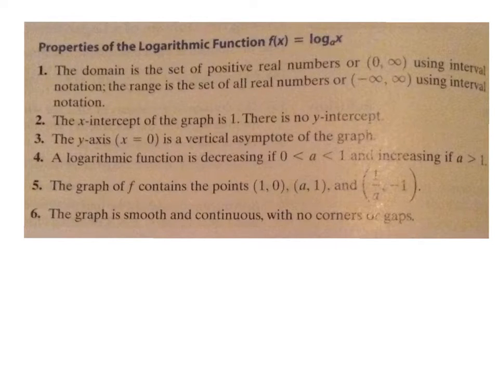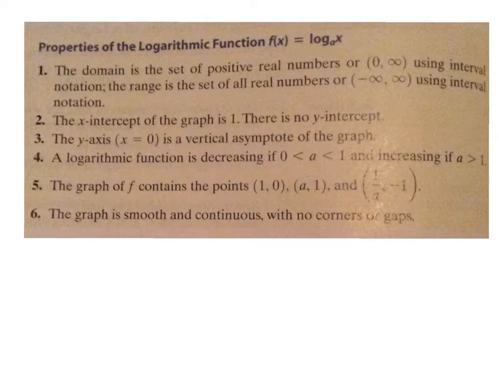Now the x-intercept is 1 as opposed to the y-intercept for the exponential function. Remember, the domain and the range flip since they're inverses. Now, the y-axis is a vertical asymptote for the graph, as opposed to the x-axis being a horizontal asymptote like in the exponential function.